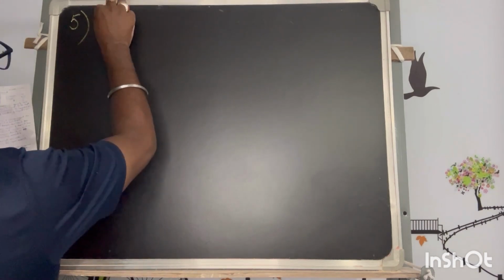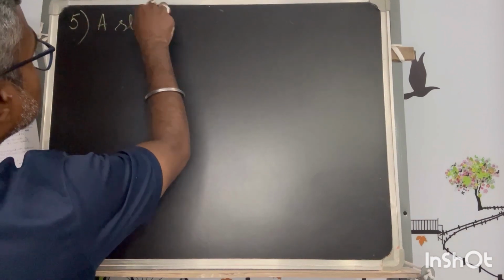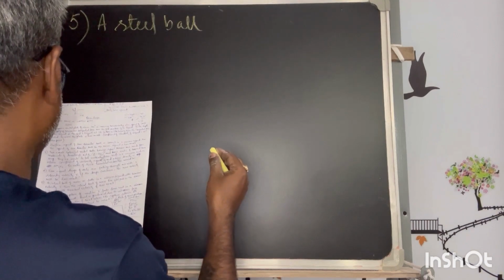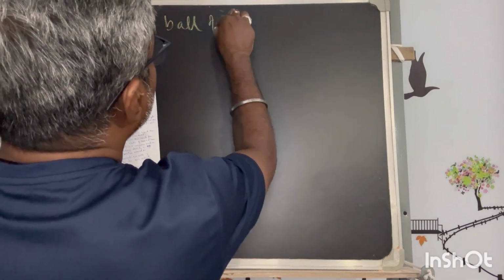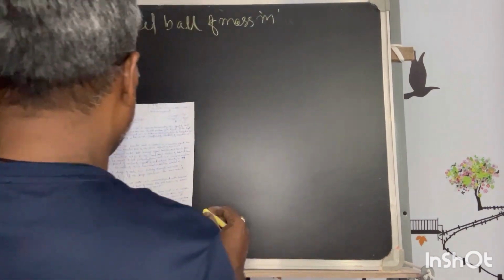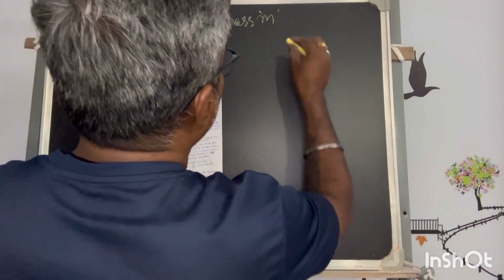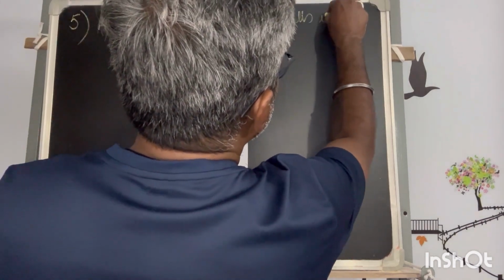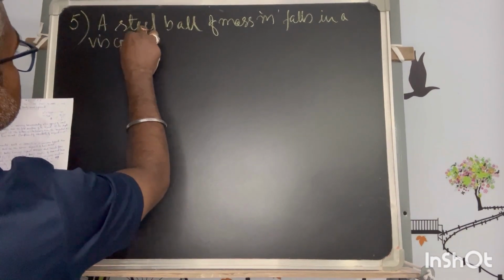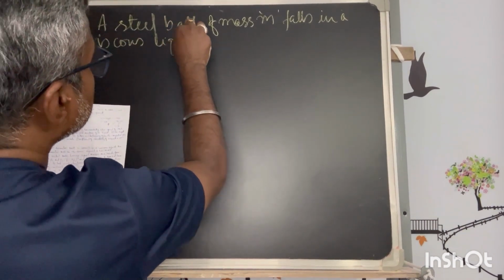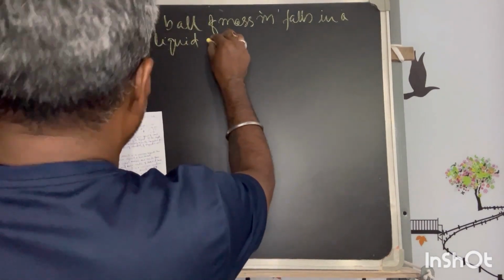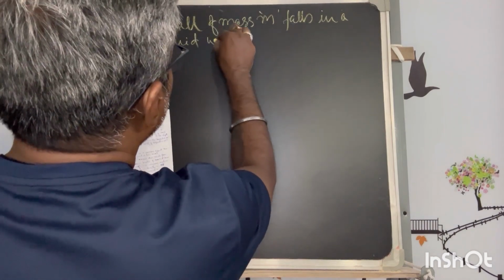A steel ball of mass m falls in a viscous liquid with terminal velocity v.